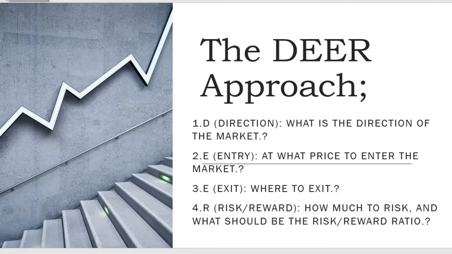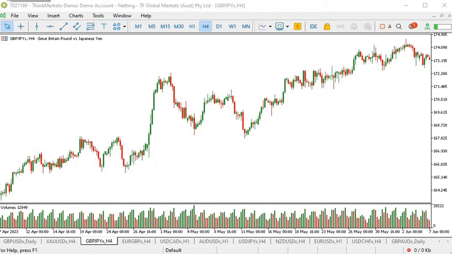Now let me show you how to use this approach in trading. The reason I showed a clear chart is that I want you guys to understand it better. So what was the first question of the DEER approach? The first question was the direction.